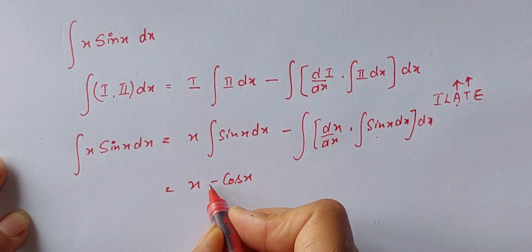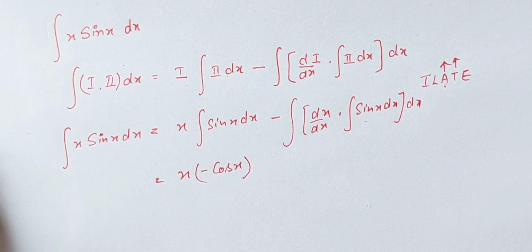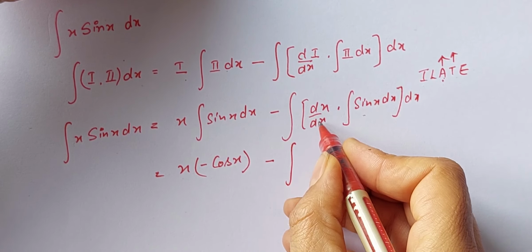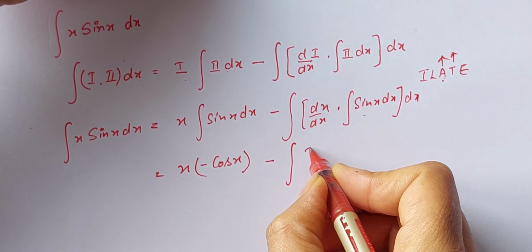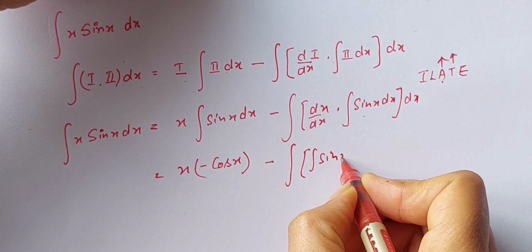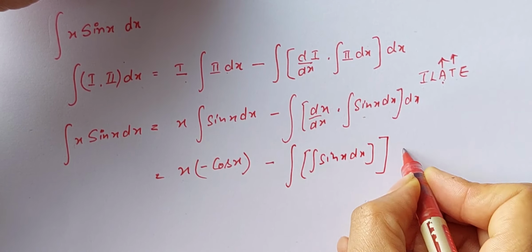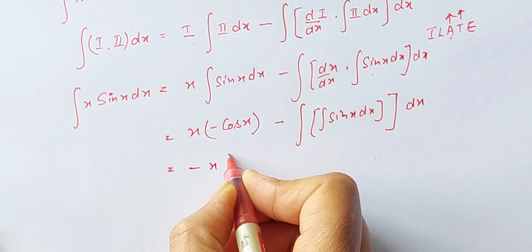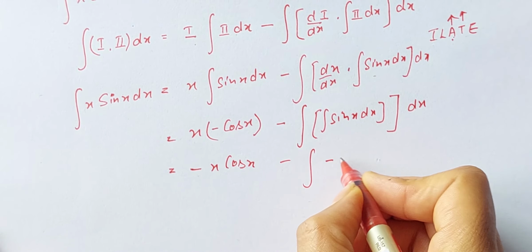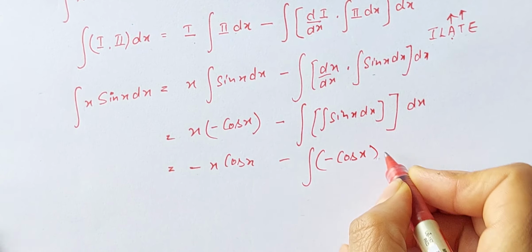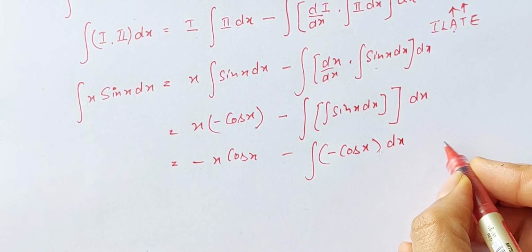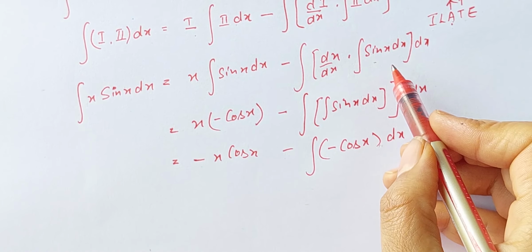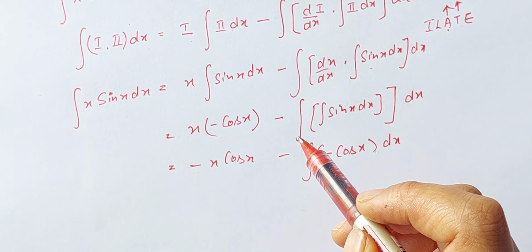And then we have derivative of x as 1, so we are only left with the integral of minus cos x dx, which is here minus x cos x minus integral of minus cos x dx.